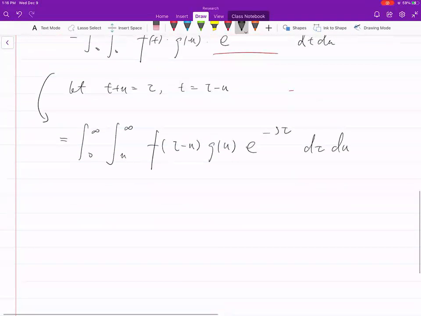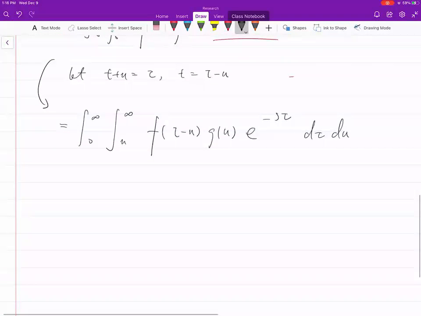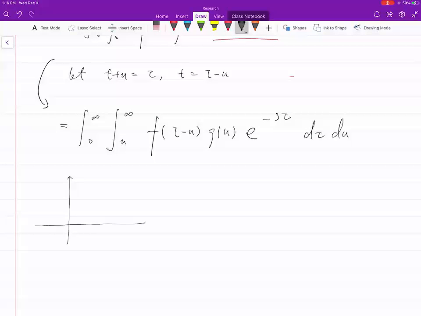Okay, think about what you're trying to do. Basically, the region you're trying to integrate is you pick different u, and then once you fix u, you start from u to infinity to do your tau.